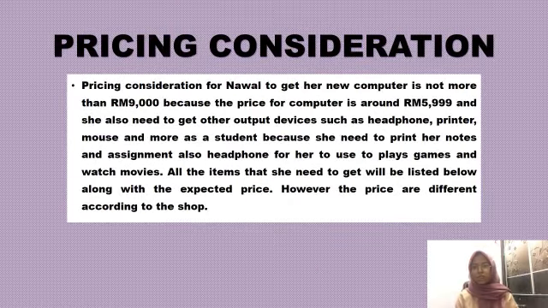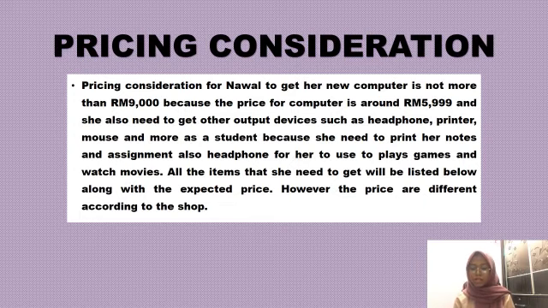The next one is the pricing consideration for the output devices and the others that she needs for her computer. The budget for Nawa to get her new computer is not more than RM 9,000, because the price of the computer is around RM 5,999, and she also needs to get other output devices such as a headphone, printer, mouse and more.